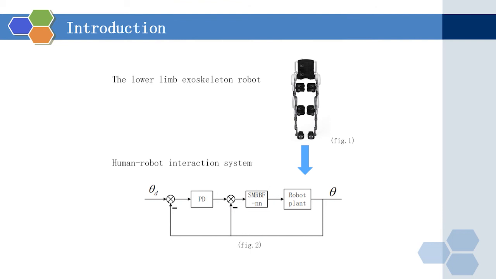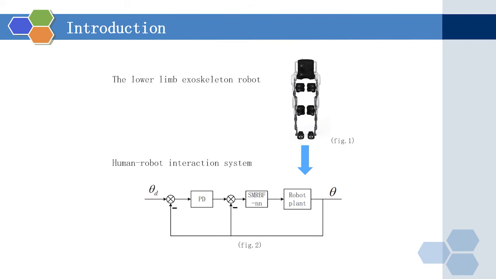A simulation model was established, and conventional RBF neural network controller and PD controller based on SMRBF neural network have been tested on the LLER. The experimental results are shown right.